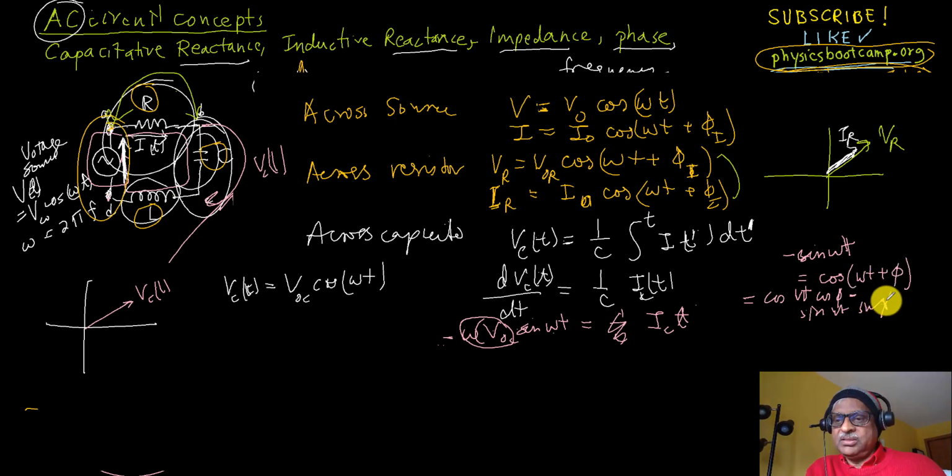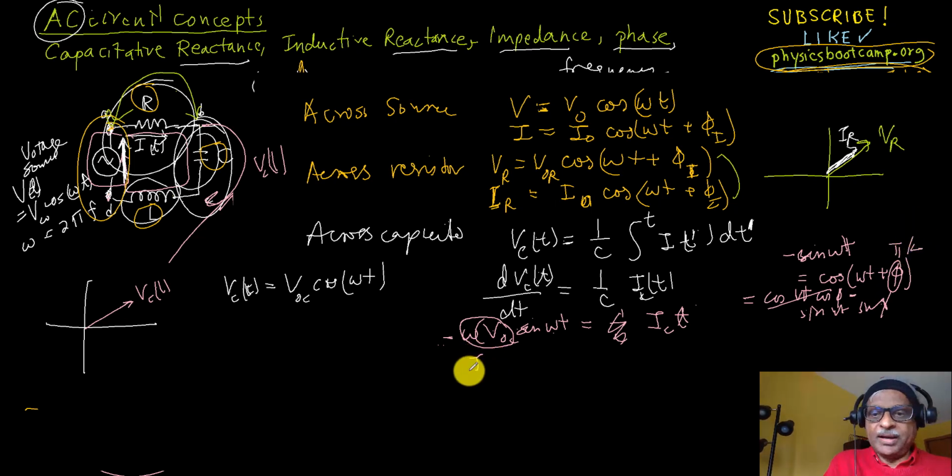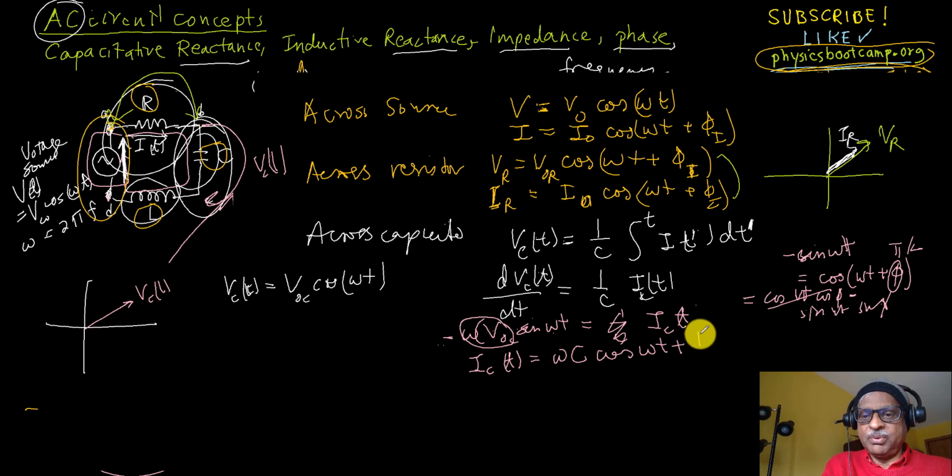You can see that phi has to be pi over 2 for this to go to 0 and this to carry the minus sign. So this is pi over 2. So I have IC of t is omega C V0C cosine(omega t plus pi over 2).